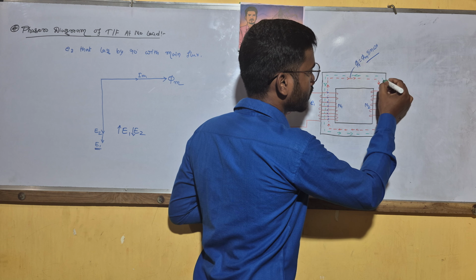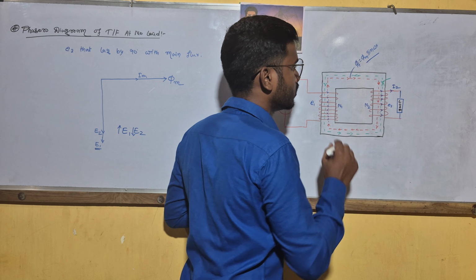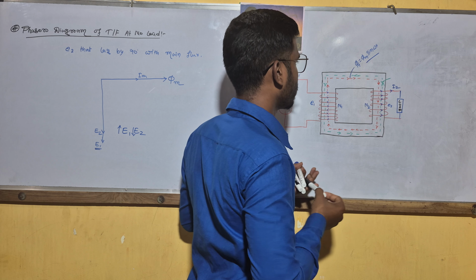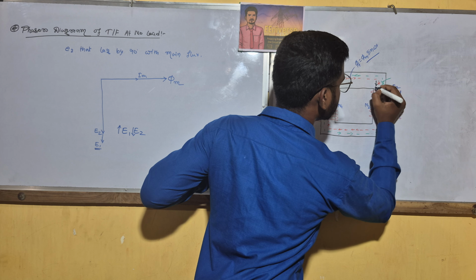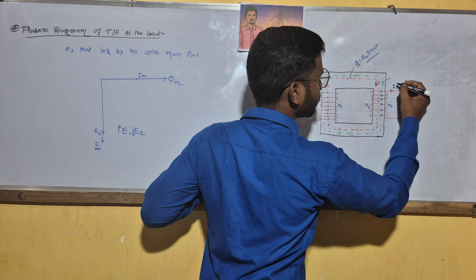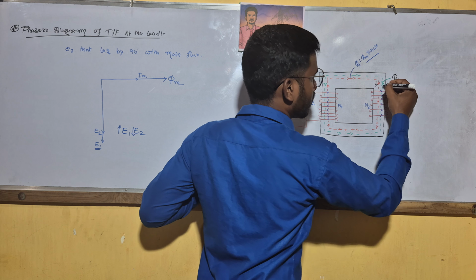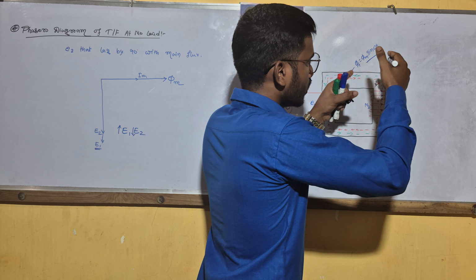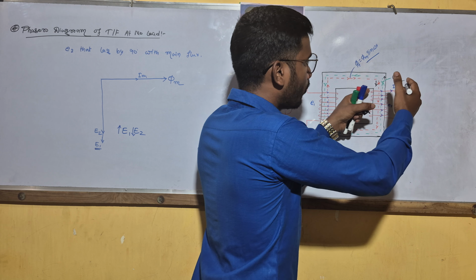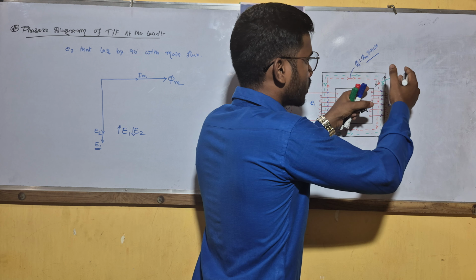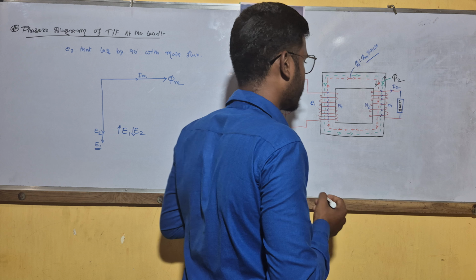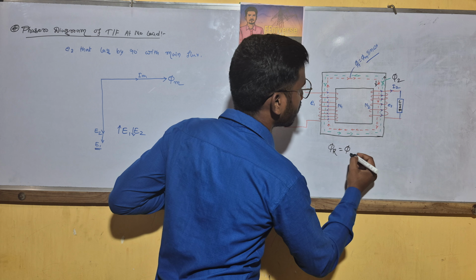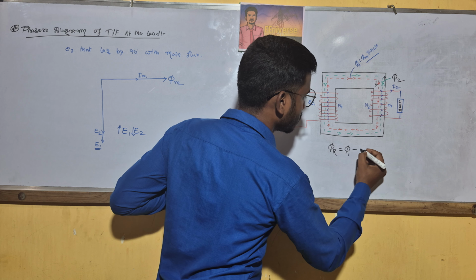You can see here, this is the main flux in this direction, and our secondary flux, that is phi 2, is in the upward direction. So the secondary flux opposes the main flux. So the resultant flux phi r equals phi 1 minus phi 2.